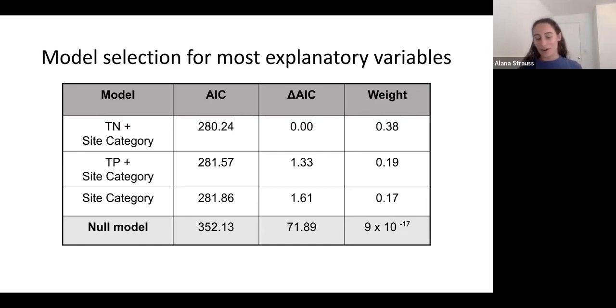If our data was due to chance, the null model would have a delta AIC of less than 2, hopefully.